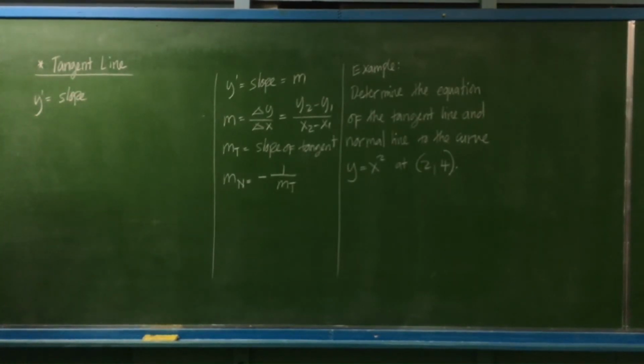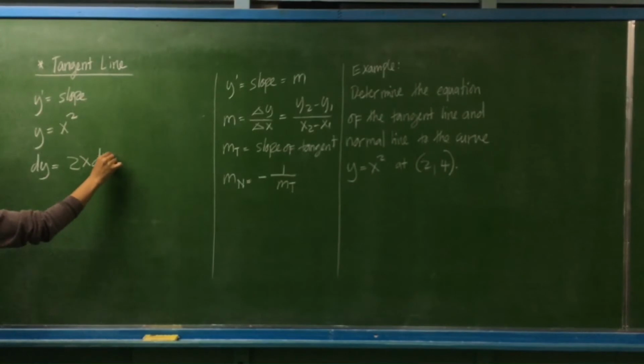So we have the function y is equal to x squared. We need to determine the first derivative. The first derivative is dy is equal to 2x dx.